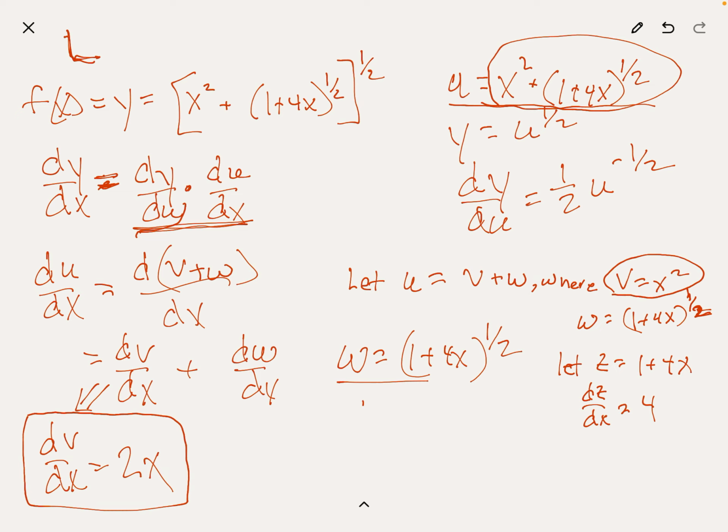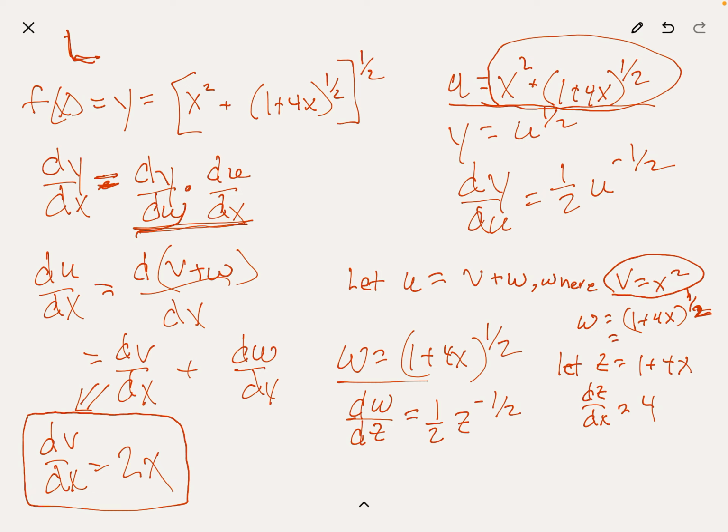What about dw/dz? Well, if z equals 1 plus 4x, then dw/dz equals 1/2 times z to the negative 1/2, right?